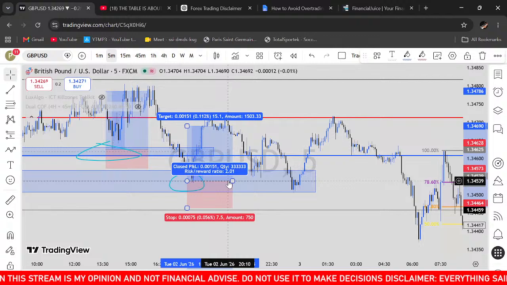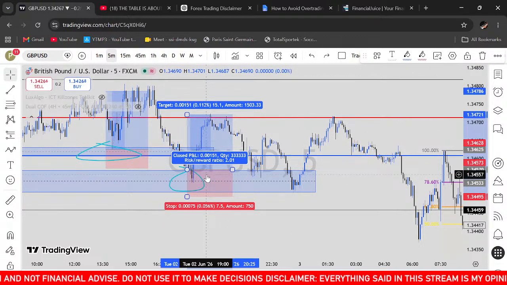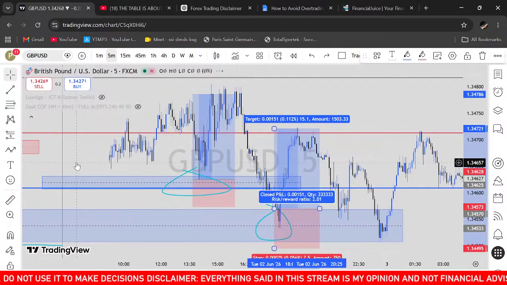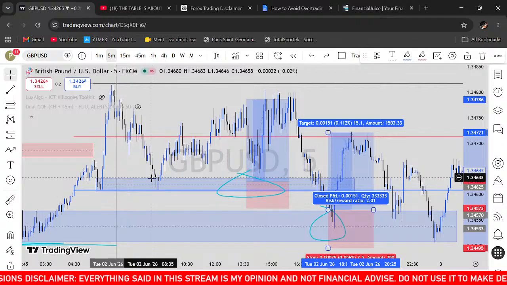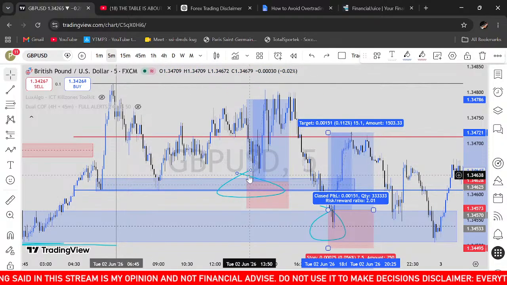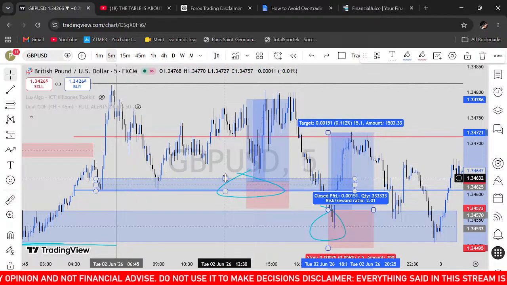But because of my broker, I put it here, and I made 1:2. During the live, I entered this trade, and then this took me out at entry, because my entry was right on top of this rectangle.